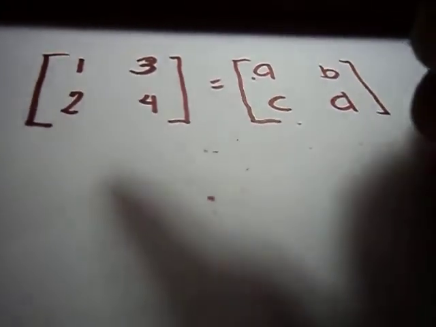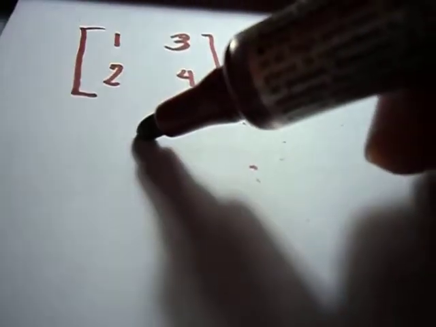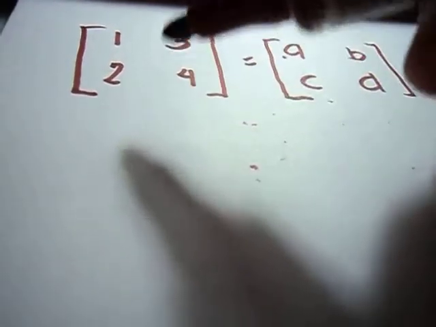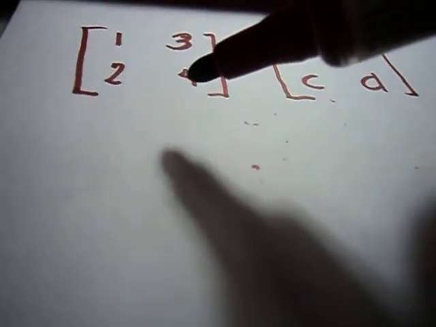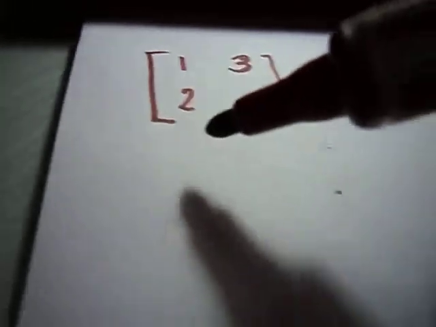According to the rule, the inverse of a 2 by 2 matrix is the overall entry divided by the determinant. So how do we get the determinant?